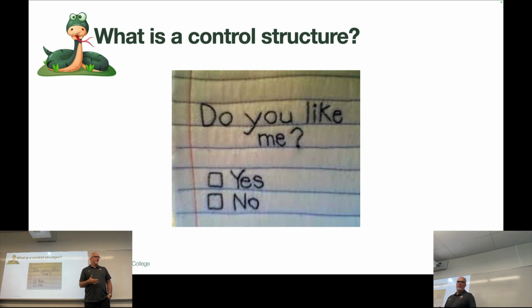And a branching control structure allows us to choose which code to execute or whether or not to execute code based on whether something is true or not. And that sounds very abstract, but we'll get to a more concrete example very quickly.